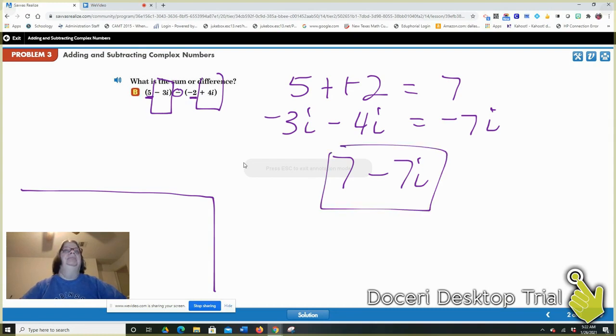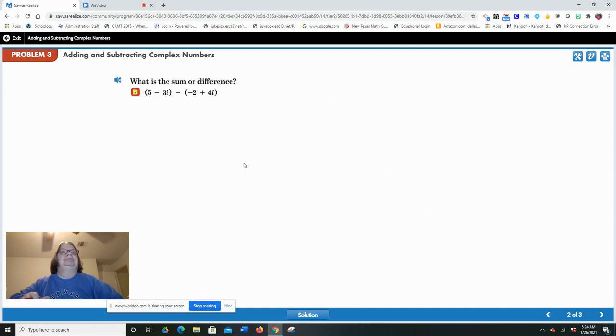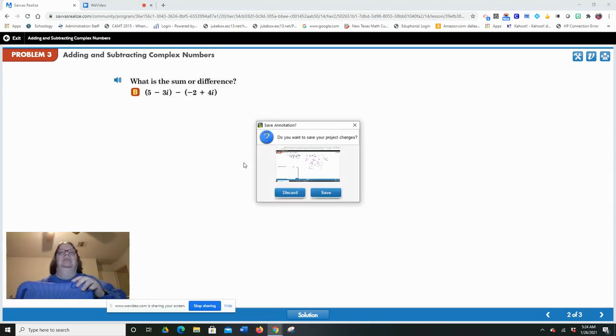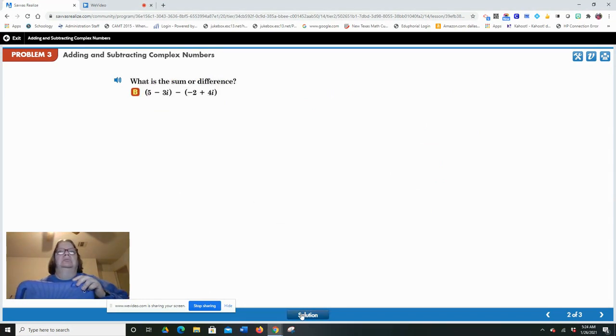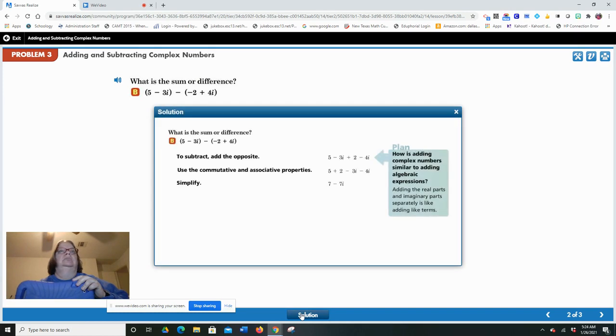You cannot combine one with an i and one without an i. All right. Here we go. Here's 5 minus negative 2, which is 5 plus 2. That's 7. You can see they did the same thing we did.